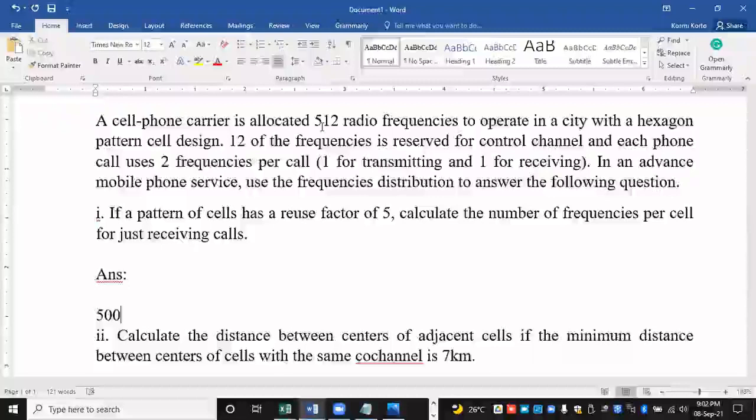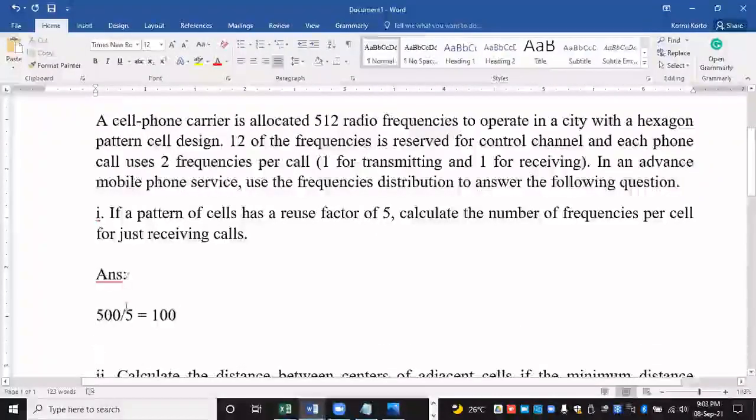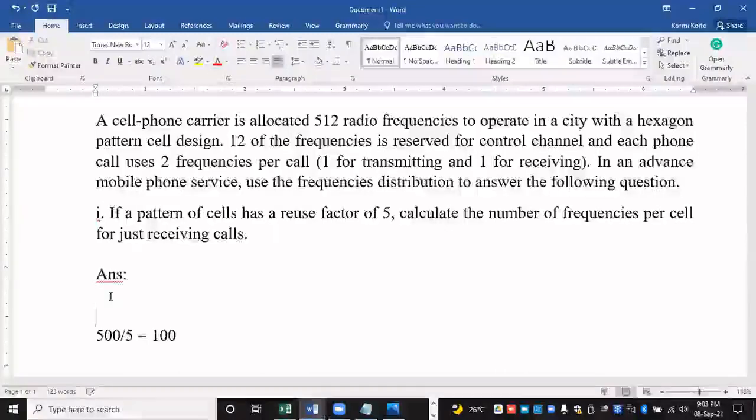Now, if there's a reuse factor of 5, it's just a matter of dividing that operating frequency by 5, which gives you 100. So it's 500 divided by the reuse factor. Let me put it into context: operating frequency.